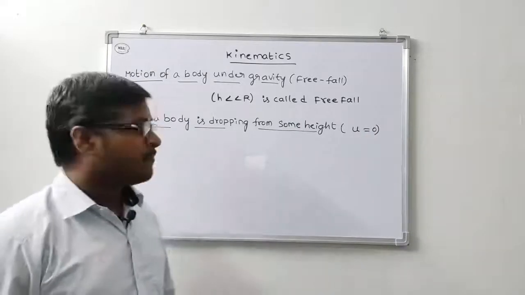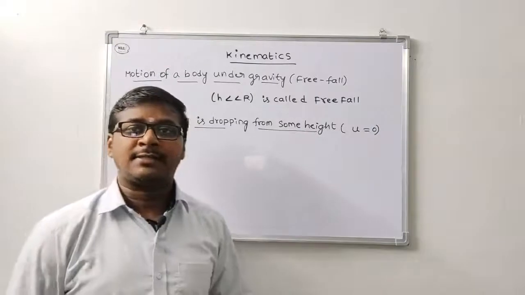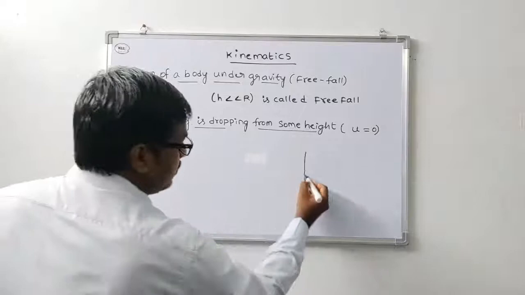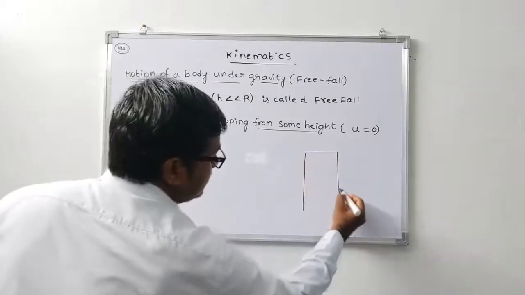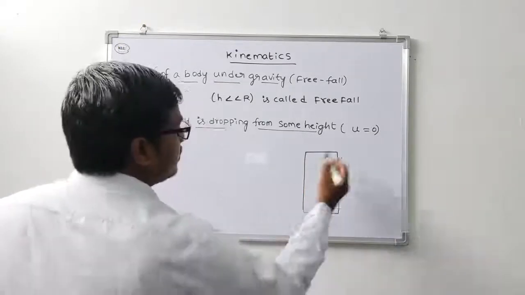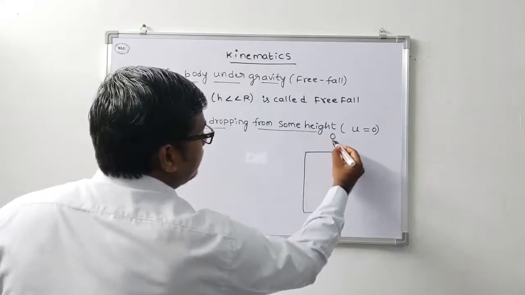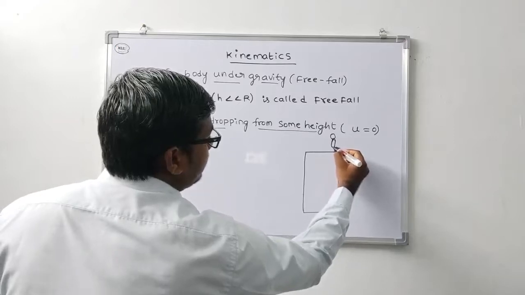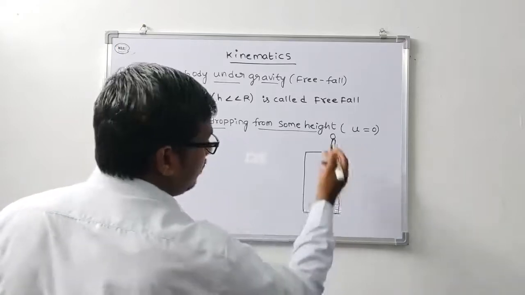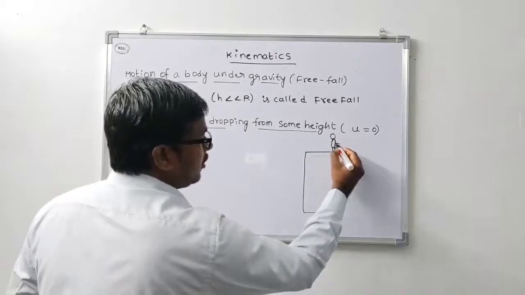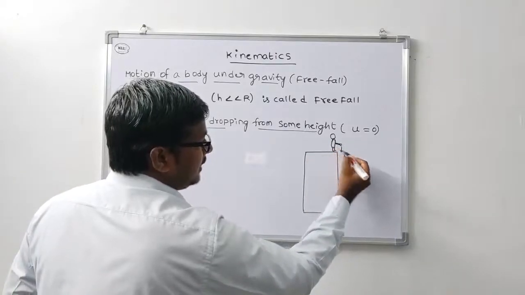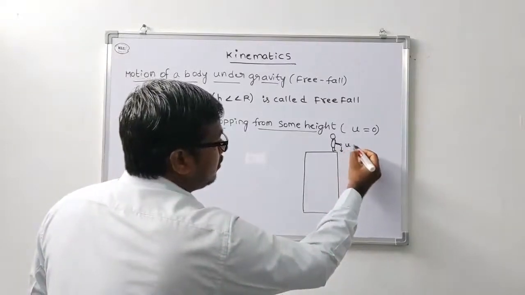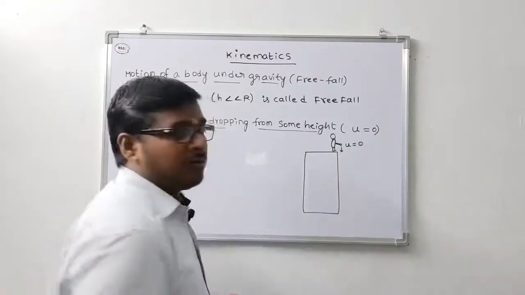Taking the initial position as origin, for example, this is a tower. When a person standing on top of the tower drops a body, the initial velocity is equal to 0.